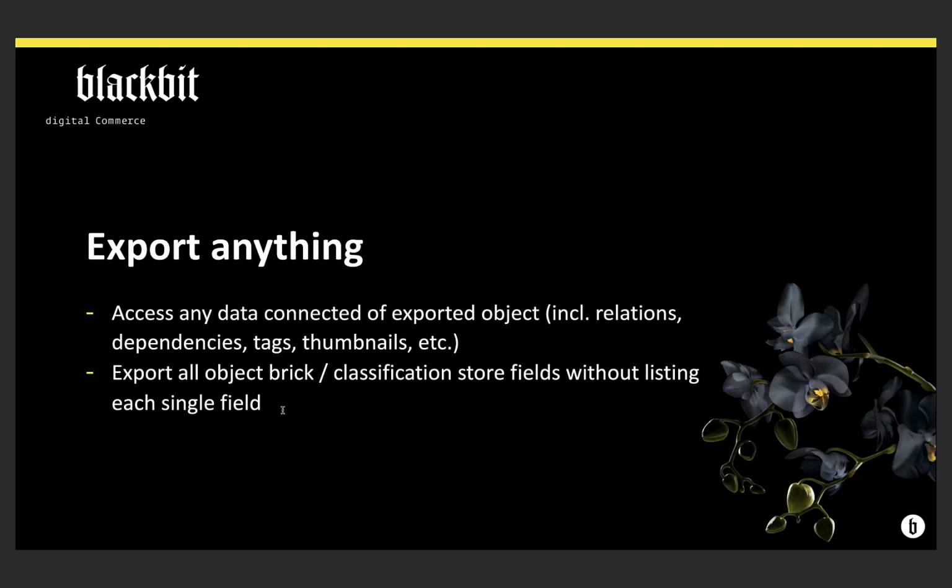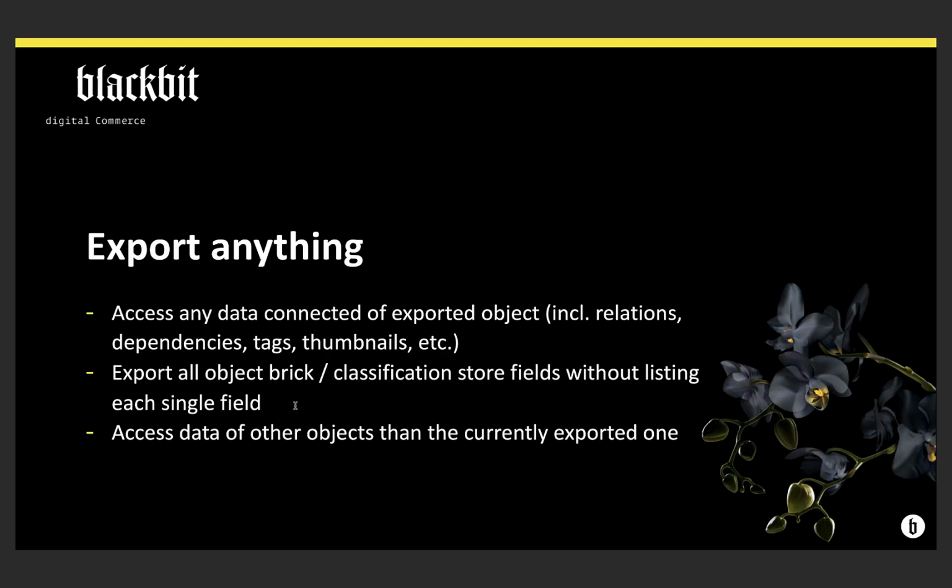So you can just define that you want to export the object brick container, and then all the object bricks and all the object brick fields get exported as the data. And when you add a new field or delete an object brick field, then the export will automatically be adjusted.